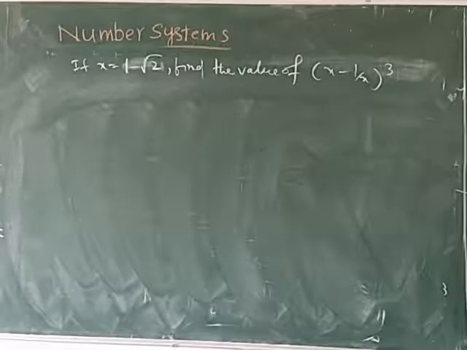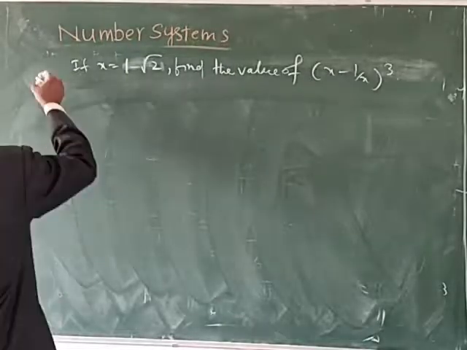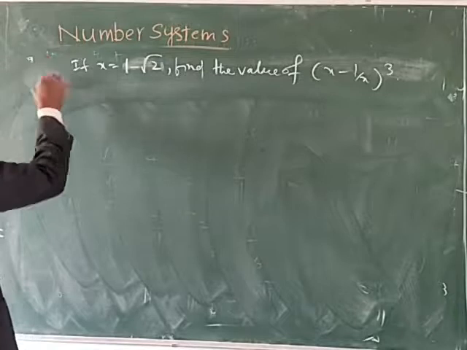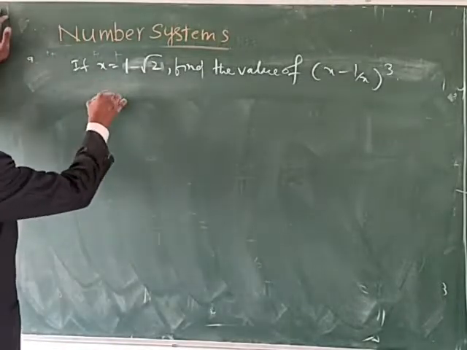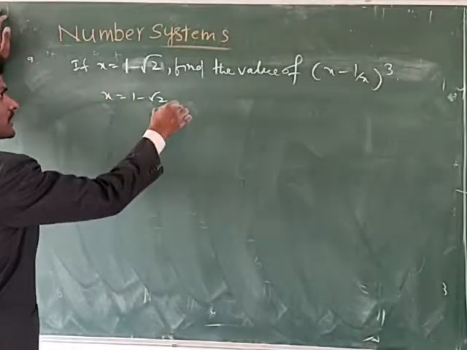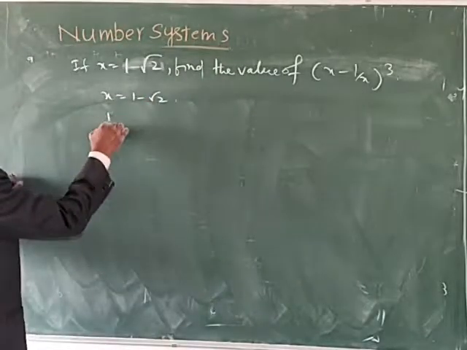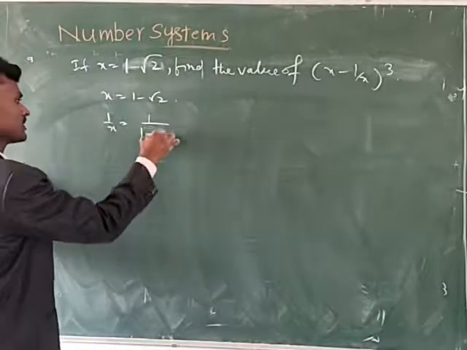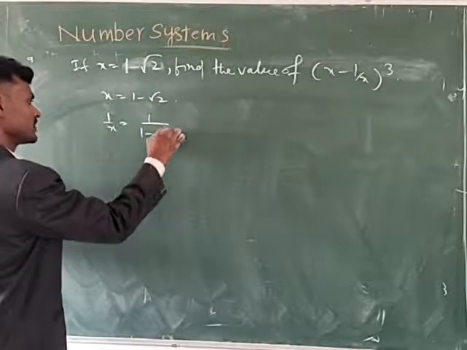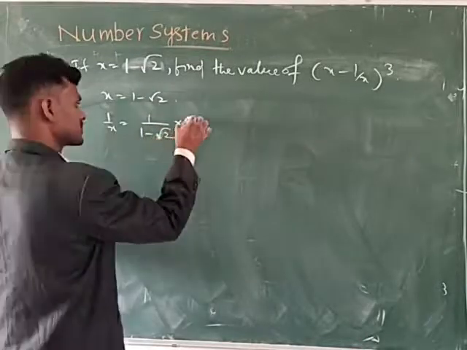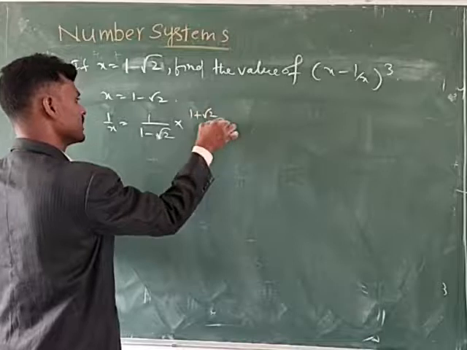Okay, next problem, I think this is 8 or 9, don't know. If x is equal to 1 minus root 2, then find the value of (x − 1/x) whole cube. First you have to write 1 by x. Here write its reciprocal, 1 by (1 − √2). Now write the rational factor (1 + √2)/(1 + √2).